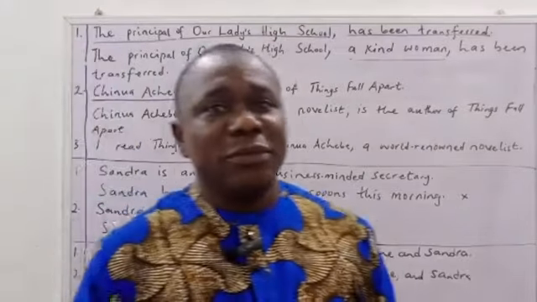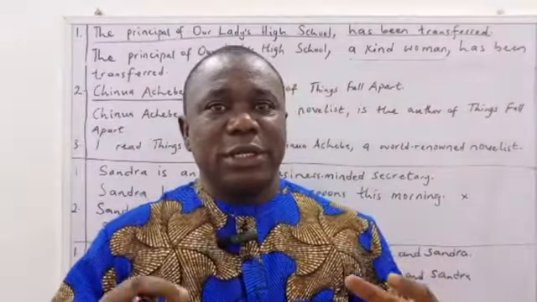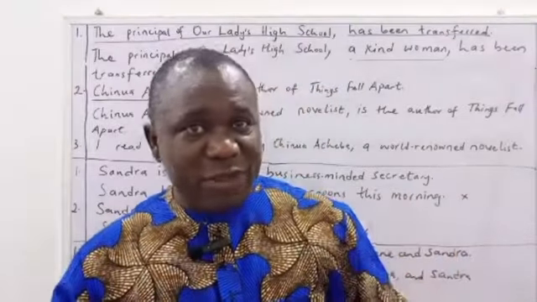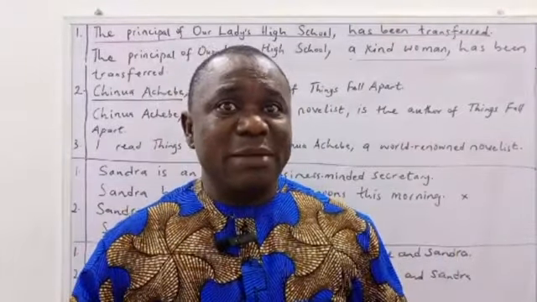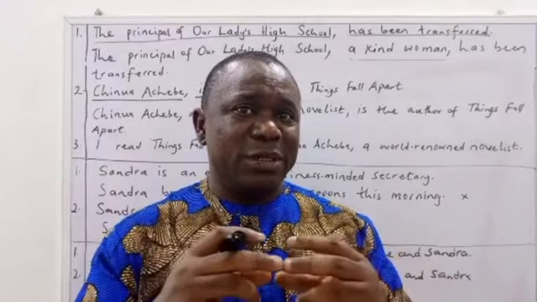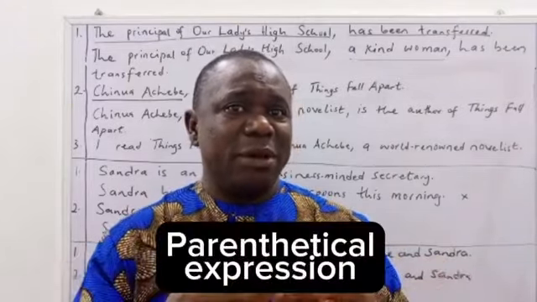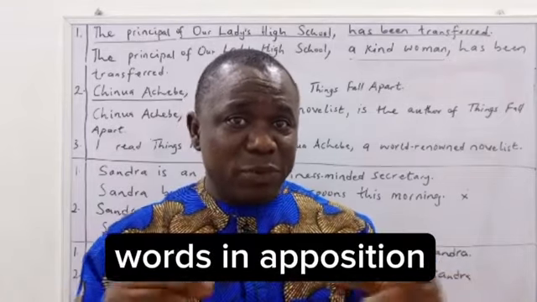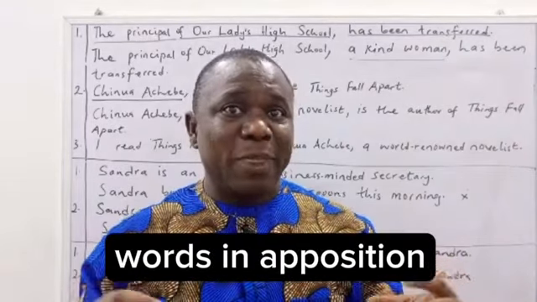Now, the subject of the sentence and the verb of the sentence sometimes have what we call intervening expressions between them, parenthetical expressions between them, or words in apposition between them.